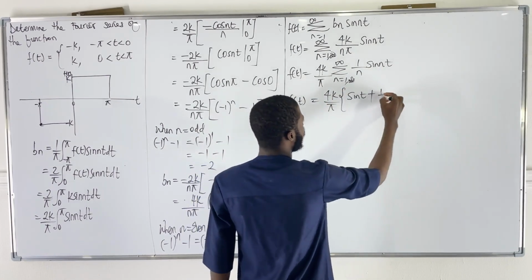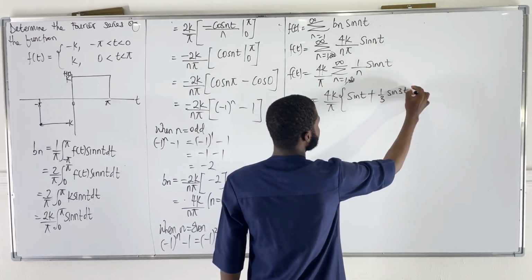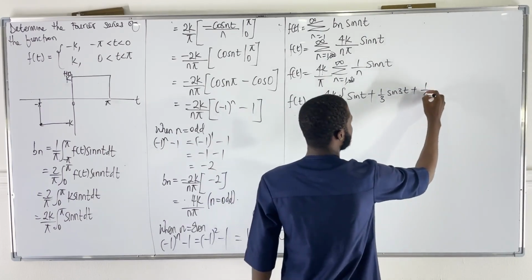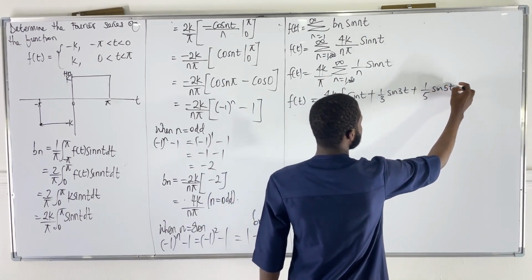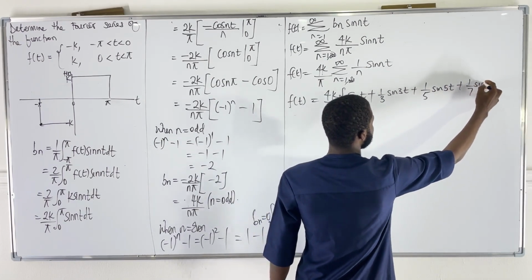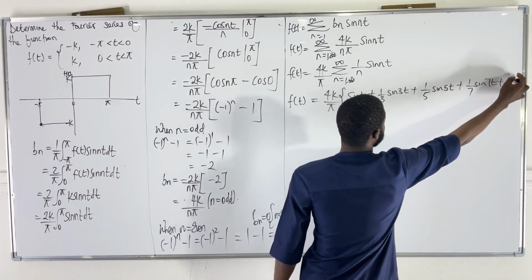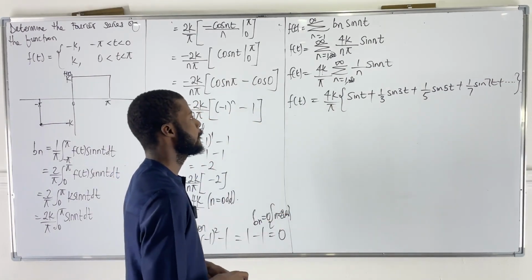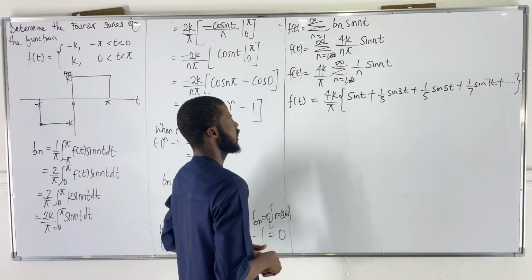So this will be 1 over 3 sine 3t. The next will be 5. We're only picking odd. So this is 1 over 5 sine 5t, 1 over 7 sine 7t, and just like that. We can't really go far. So that's what it's going to be.